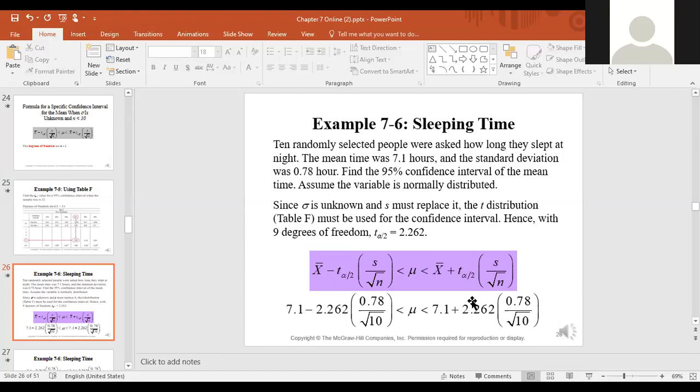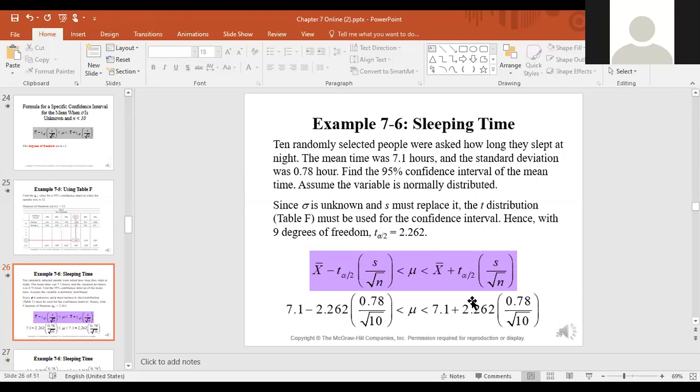The mean time was 7.1 hours and the standard deviation was 0.78. So this standard deviation is for the sample because it is for 10 individuals randomly selected. So the population standard deviation is not given here. Find a 95% confidence interval for the mean time.